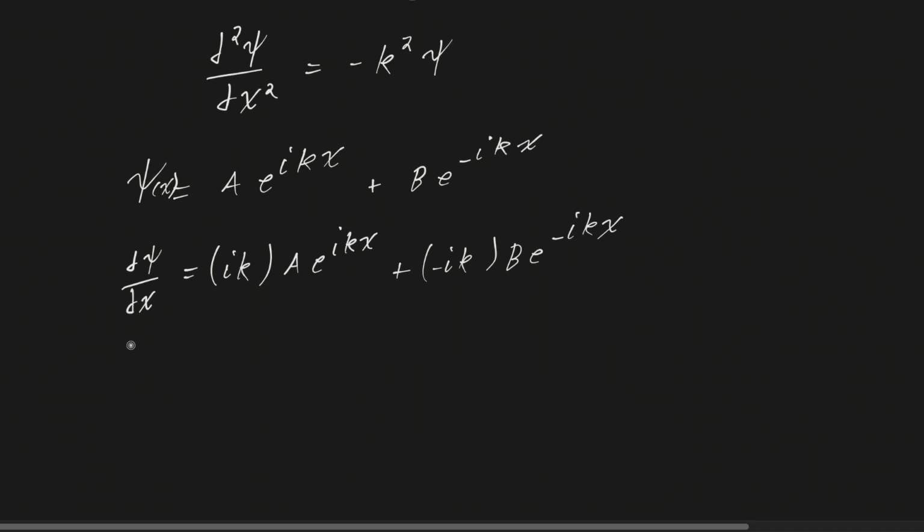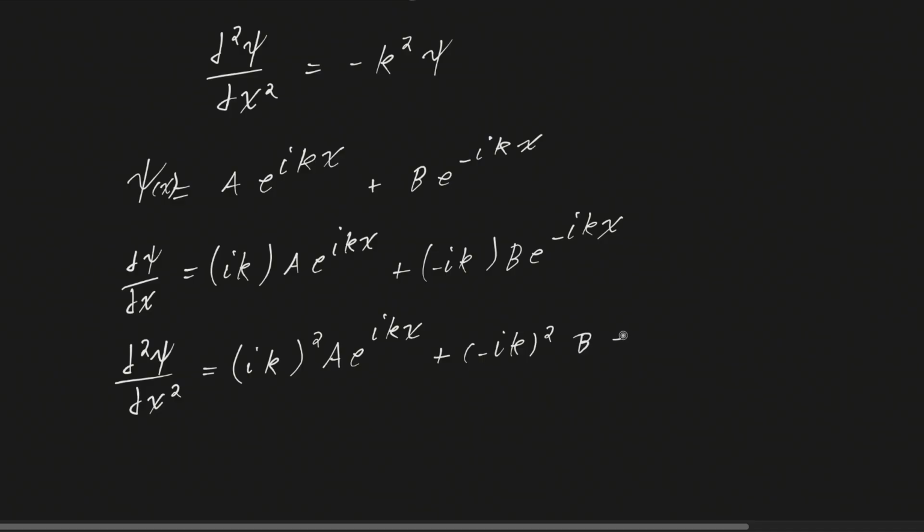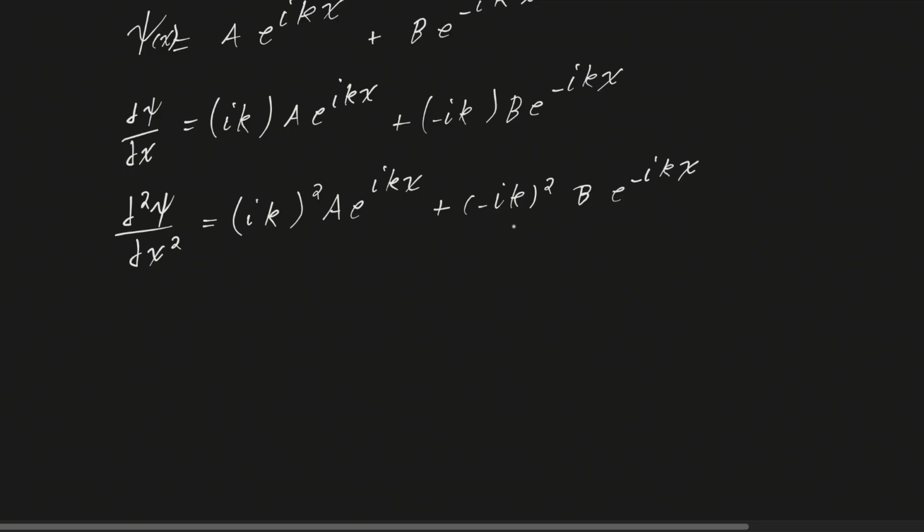We do the same thing again to get the second derivative of psi with respect to x: you drop the second ik, so you get (ik) squared A exponential ikx plus (minus ik) squared B exponential minus ikx. Now, this part is squared, so the negative sign is redundant.